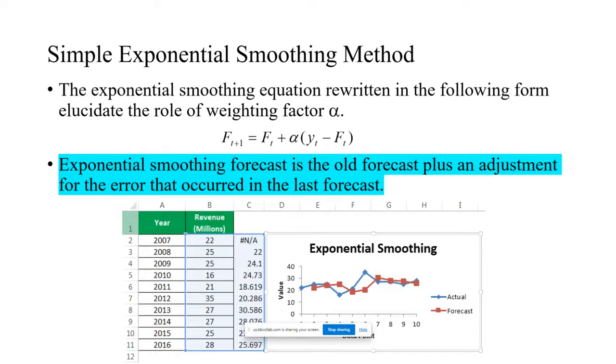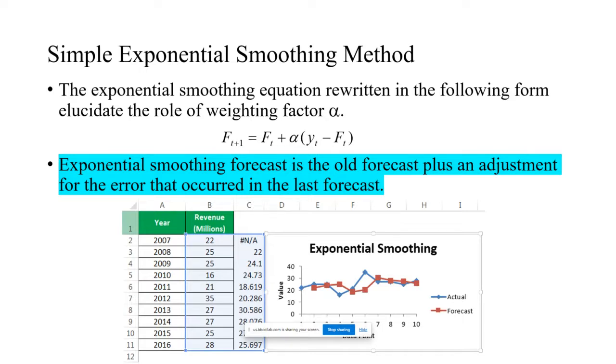The exponential smoothing equation, rewritten in the following form, elucidates the role of the weighting factor alpha. This blue area is important.